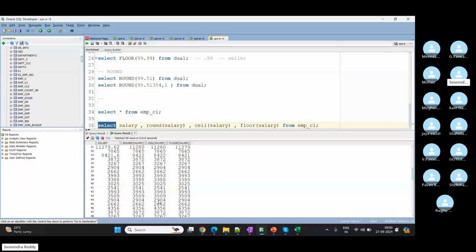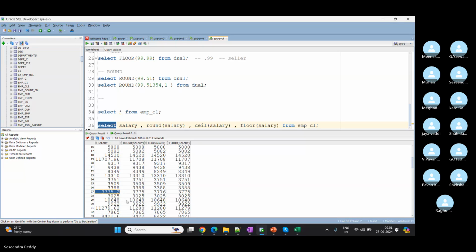I don't see any value. These are round figured values only, in decimals. This one you can see, it is near to the lowest value. So round is round figuring to the lowest value, but ceil is round figuring to the highest value.